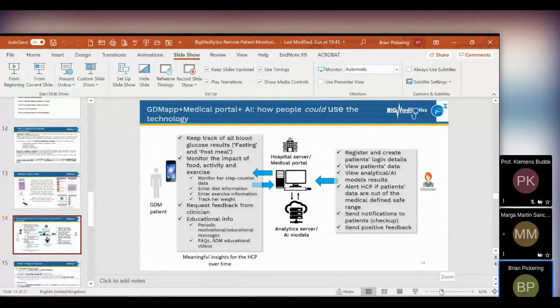We replaced this alarm system, so instead, only the clinicians are capable of receiving this sort of alert. It's not an alert, but an identification of patients who are out of the safe thresholds.